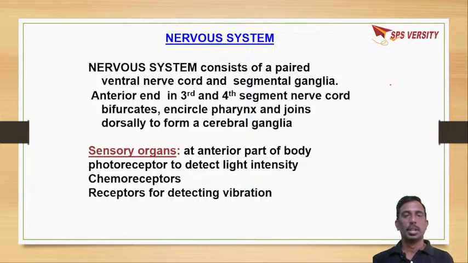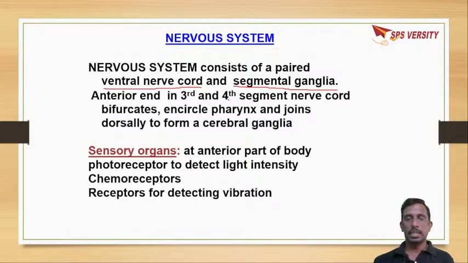And next, when you come to the nervous system of earthworm, which is present on the ventral side, it has a paired ventral nerve cord and segmental ganglia. That means ganglia are present in each and every segment.